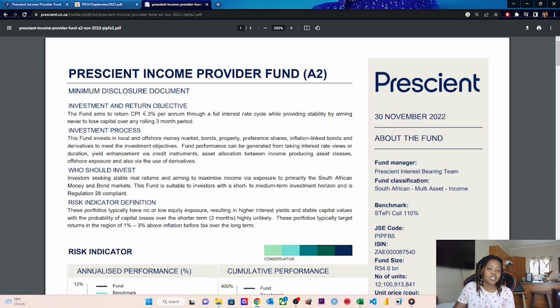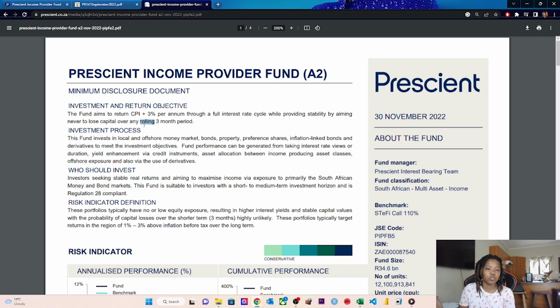So what this measure is trying to do is, this fund is basically saying, if you put in your money, our aim annually is to give you CPI plus 3%. Why is that important, right? So if I'm investing and let's say I put in 10,000 now and I want to take it out next year, when I take it out next year, I want that 10,000 to buy the same number of loaves as it was able to buy today.